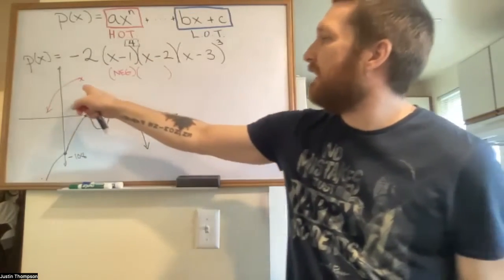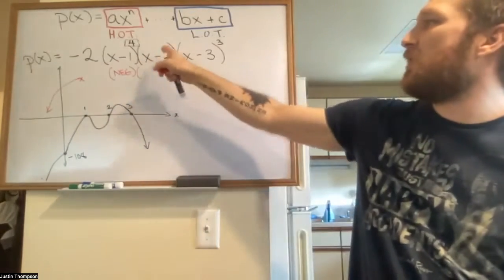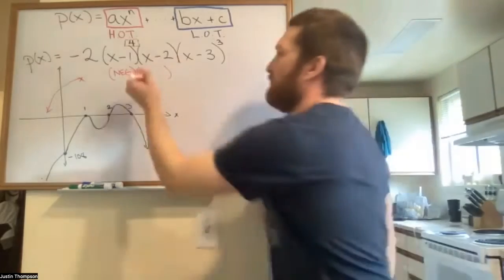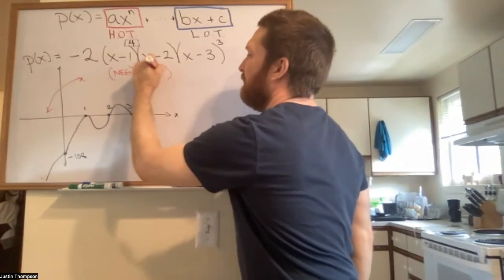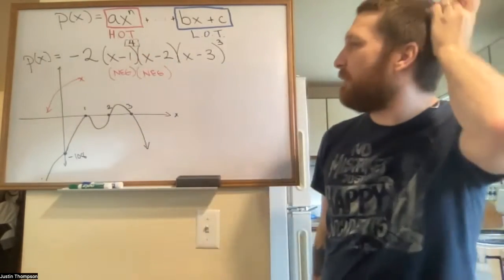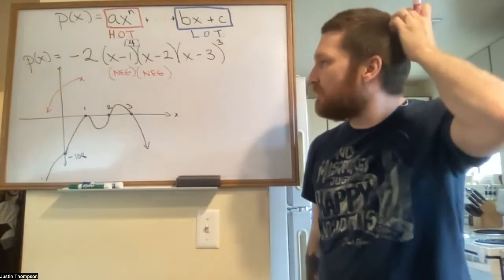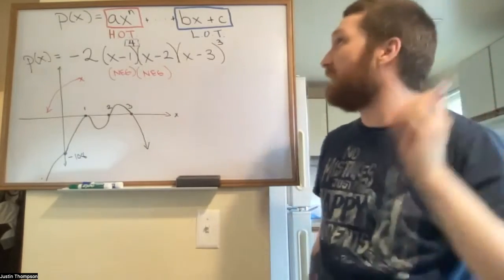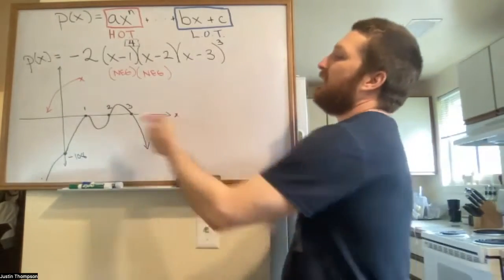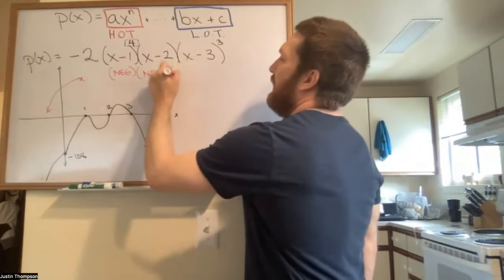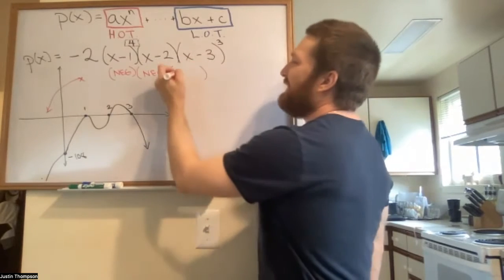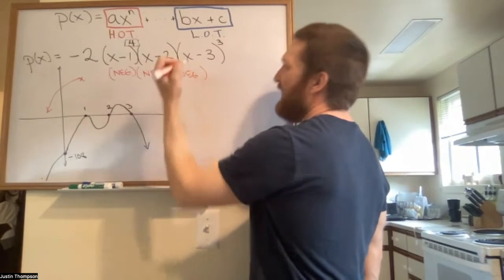Take a number that's less than 1 and subtract off 2, that is also a negative number, right? Like a number that's less than 1, how about -5, minus 2 is -7. It is also a negative number. Take a number that's less than 1 and subtract off 3, it's also a negative number.